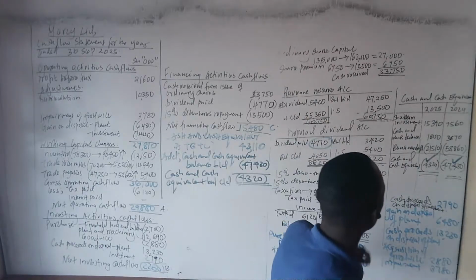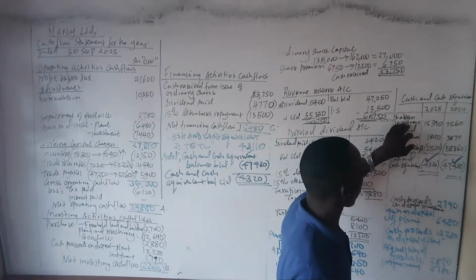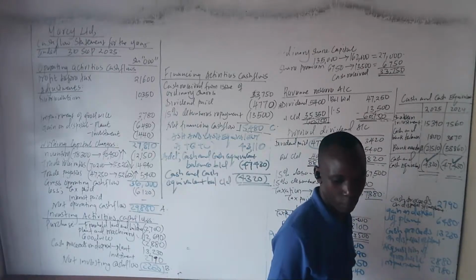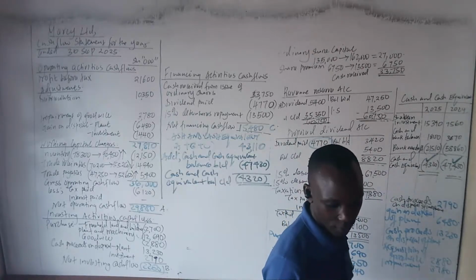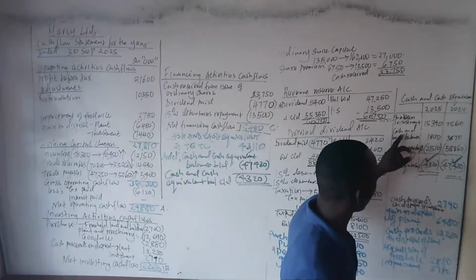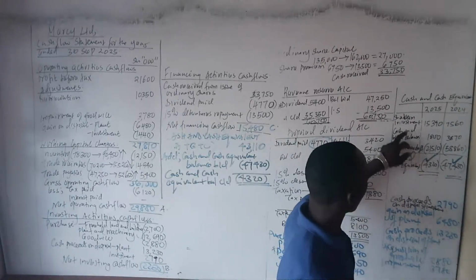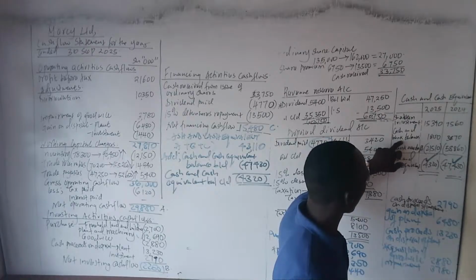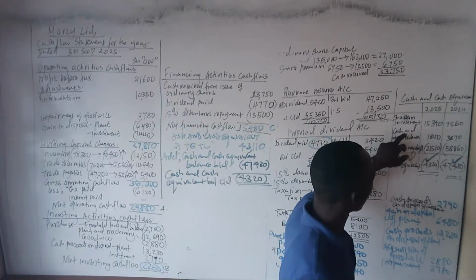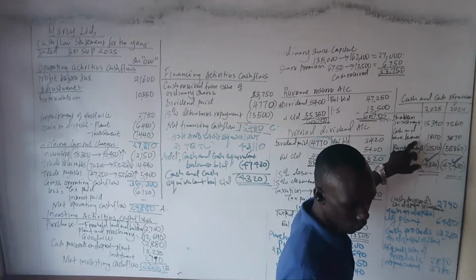One is what we call the short-term investment. Short-term investments are always part and parcel of cash and cash equivalent. Then we have the cash. This cash can be either cash in hand, and also cash at bank, and sometimes we can have cash and bank balances put together.